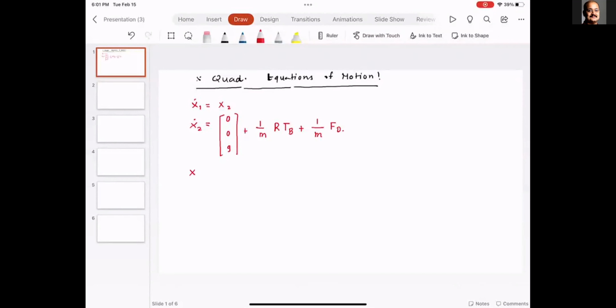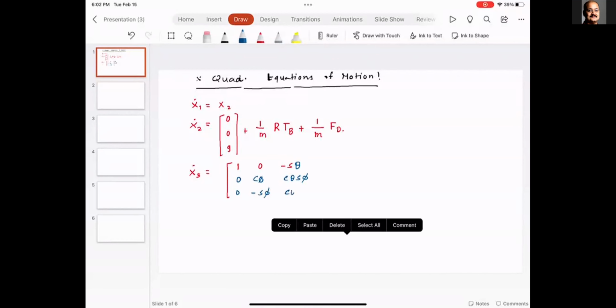Then we have the equation x3 dot is equal to 1, 0, minus sine theta; 0, cosine phi, cosine theta sine phi; 0, minus sine phi, cosine theta cosine phi.